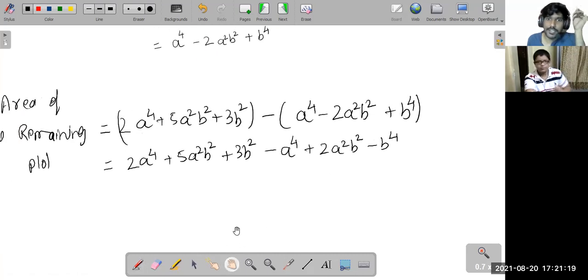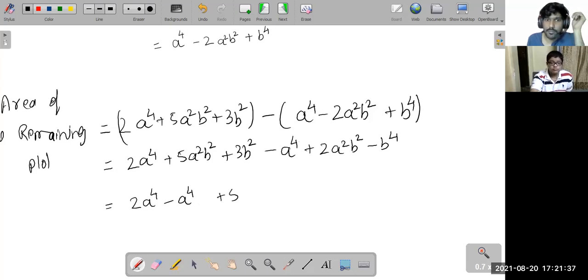Now can you see like terms? Yes, sir. 5a square b square, 2a square b square. So first, 2a raised to 4 and minus a raised to 4. Second, 5a square b square plus 2a square b square.